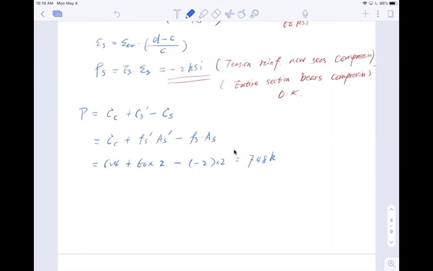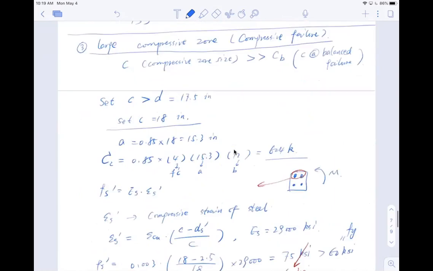Now I still want a moment, and I will calculate it the same way as before. M equals, first, 624 times the distance, which is half h, 10 inches, minus 7.65, which is half a. If you forgot this formula, you can refer to the previous formula.